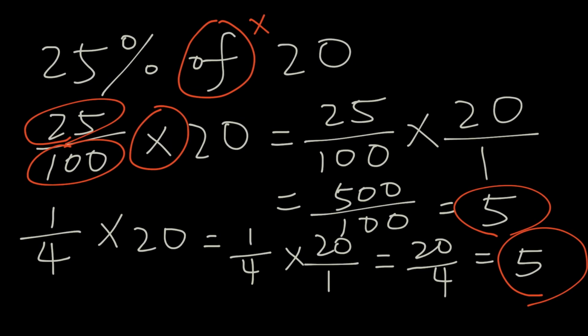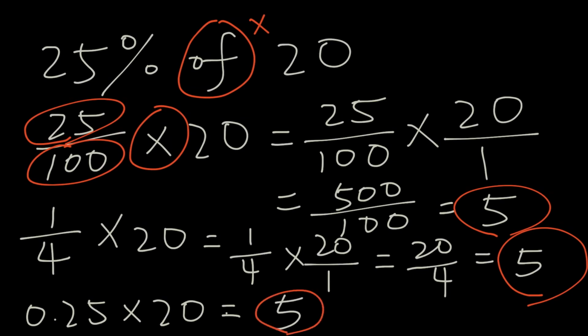Now, what if you want to do this by decimal point? 25% equals 0.25 times 20 equals. With a calculator, if you input 0.25 times 20, the answer you get will also be 5.